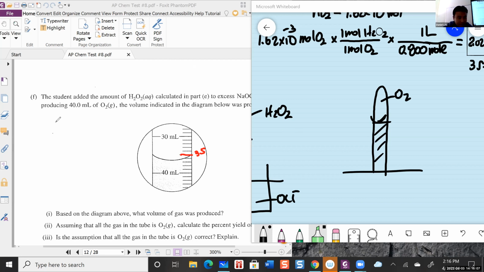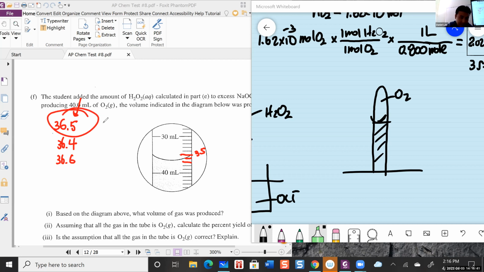So you have to write down 36 point, let's say you think it's 0.5, because you are sure it's between 36 and 37, but you're not sure of the last digit. This is the uncertainty here, right? So you have to report this to 3 significant figures. So the answer is 36.5.